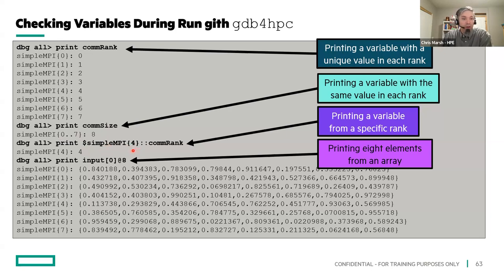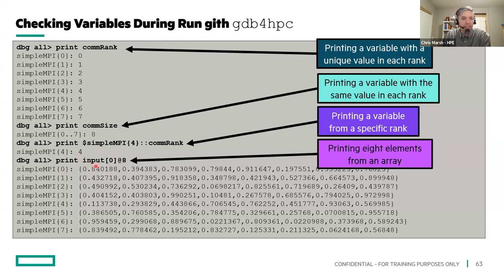And then with curly brackets, you specify the rank, and then we have the double colon and then the variable. And the $ sign is not optional. So it's easy to get this wrong, but this way you can print out variables from a single rank if that's what you want to do.